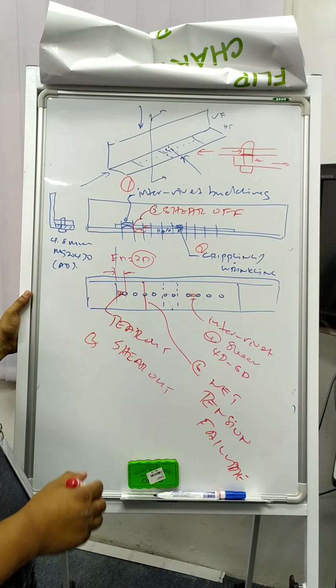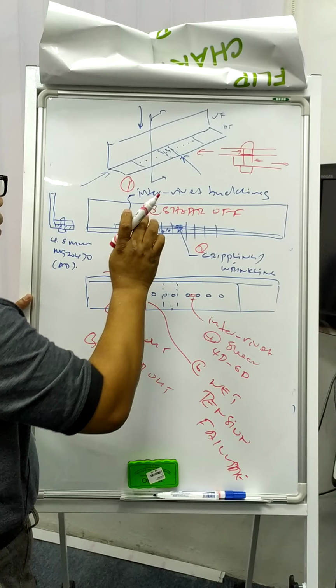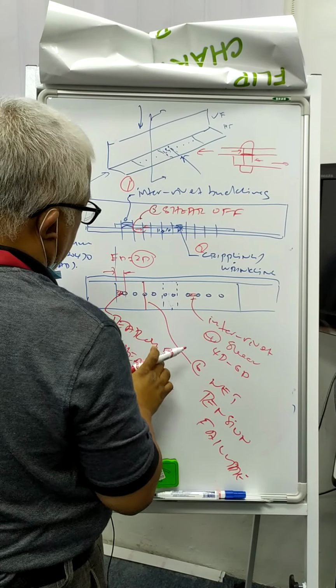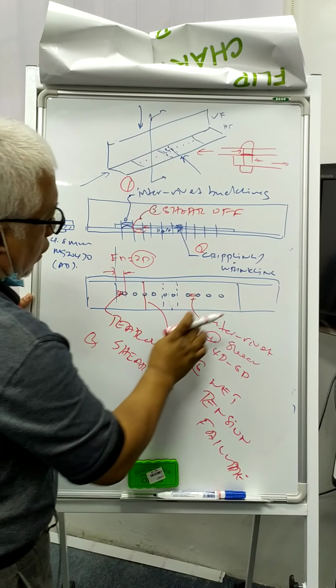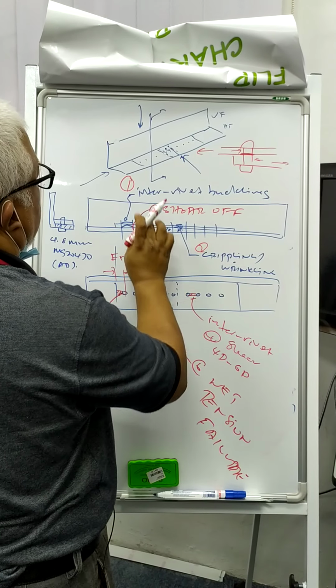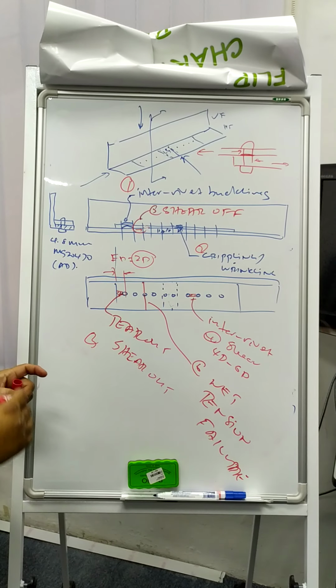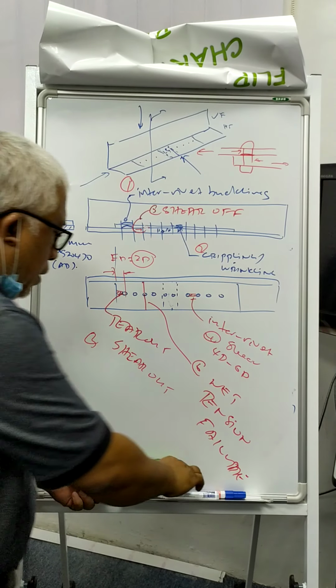So we have these 6 failures: inter-rivet buckling, crippling, wrinkling, you will have tear outs, we have inter-rivet shear, we have net tension, and you may have shear of the rivet. So those are the failures. We need to do analysis to ensure the doubler repair is good.